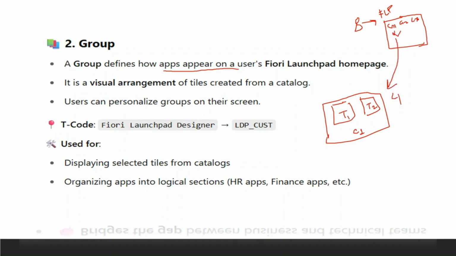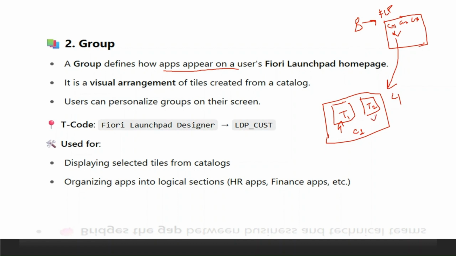Here I have the feasibility that, out of the 2 tiles in catalog C1, I may give access only to tile T1, so whenever the user opens his Fiori Launchpad he can only see tile T1.